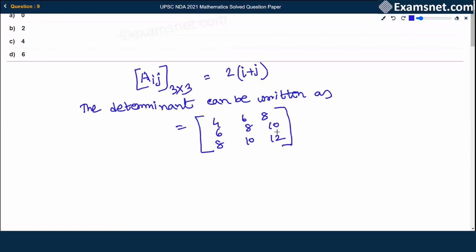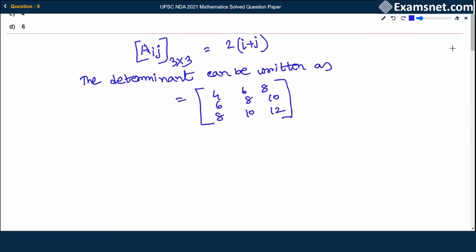Now we will perform some row operations to evaluate the determinant value. We start with the row operation R3 minus R2, and the new second row we get by R2 minus R1.